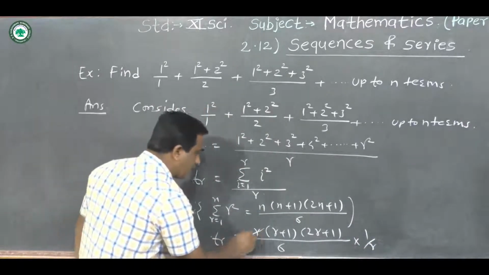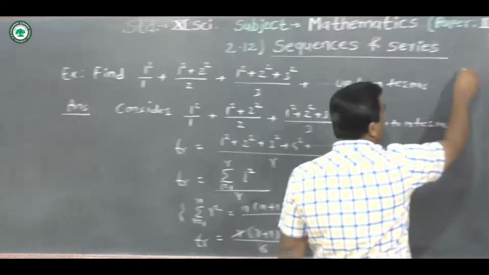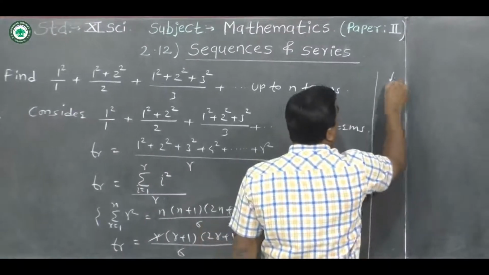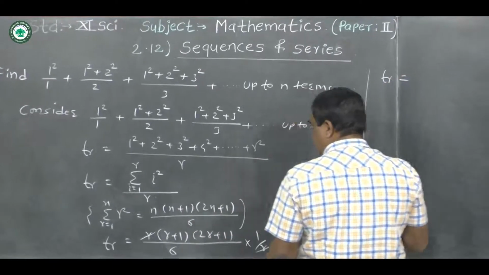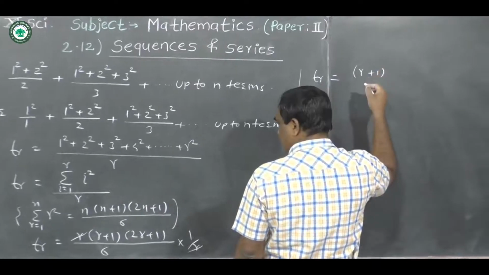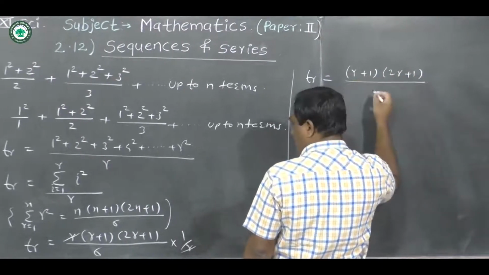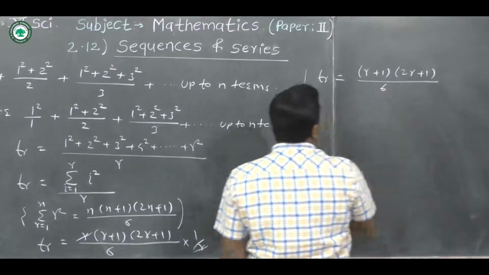Now this r and r cancel out. That is, there remains only T_r equal to r plus 1 into 2r plus 1 upon 6. Now simplify this.